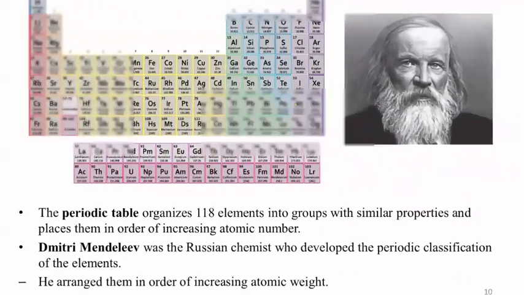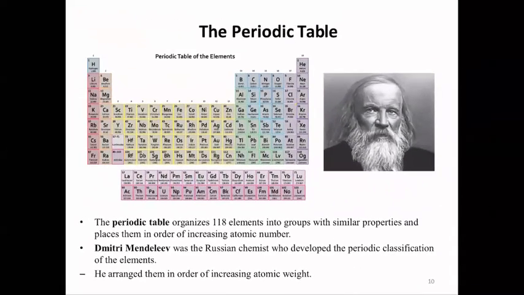Now, when it comes to the organization of the periodic table, it all started with the gentleman that you see on the right side. The name of this person is Dmitry Mendeleev. And Dmitry Mendeleev was the person that started the classification of the periodic table.